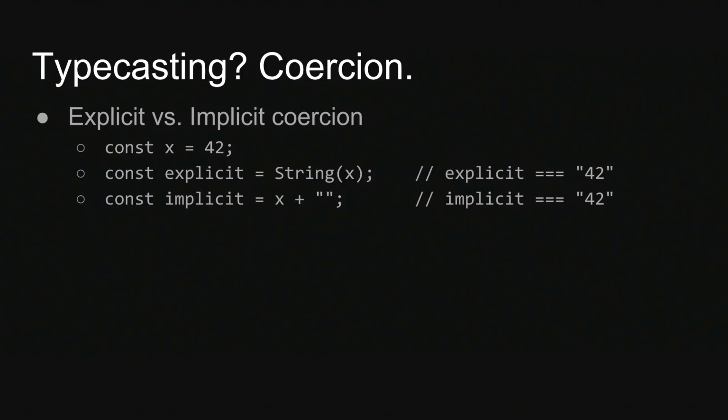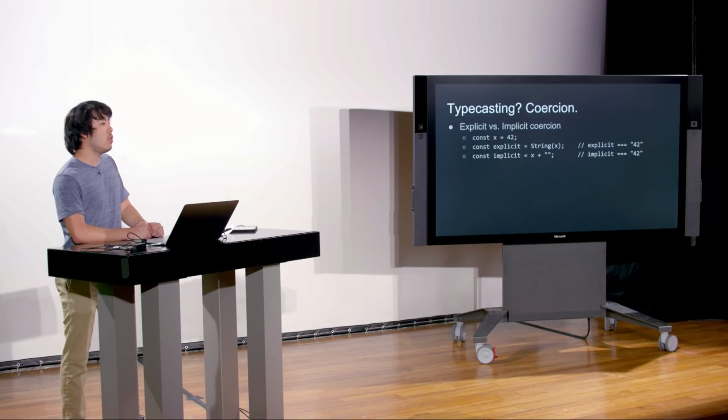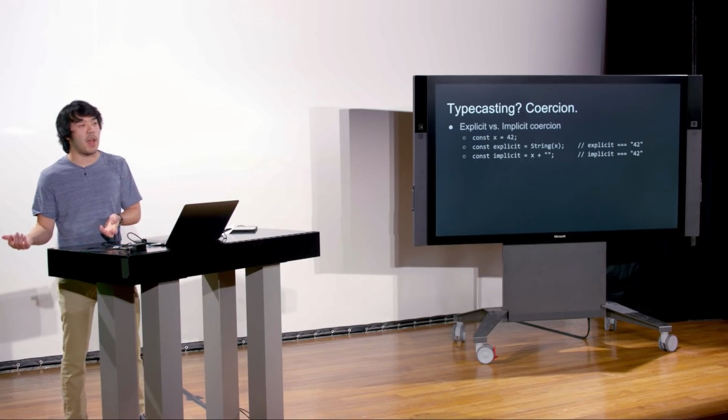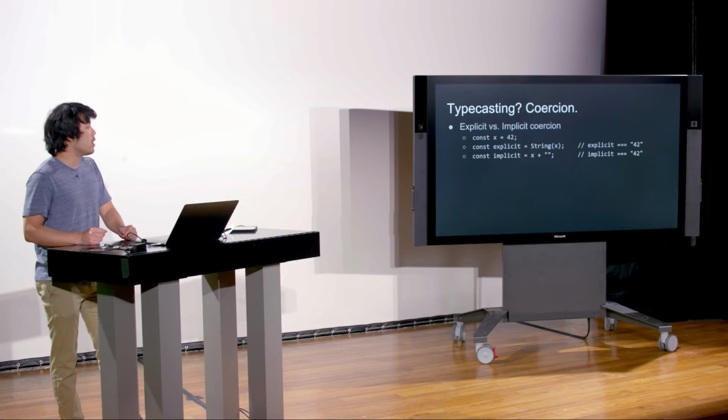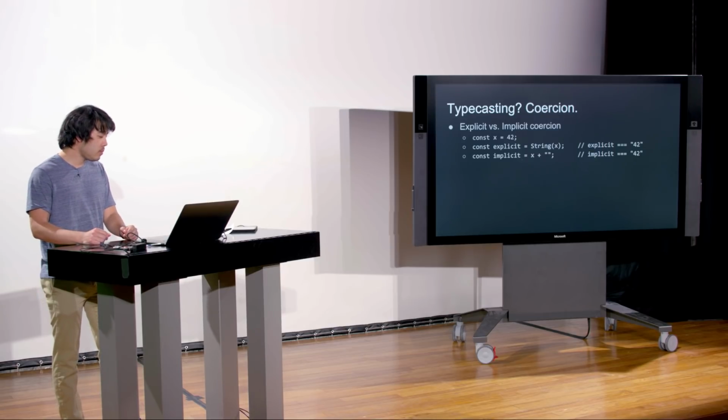So say I want to add 42 to an empty string. That wouldn't really make sense if I wanted to have a number, but since 42 is easily castable to a string, I can say, hey, give me 42, add an empty string, and I expect to get back something of type string. That is called implicit coercion.